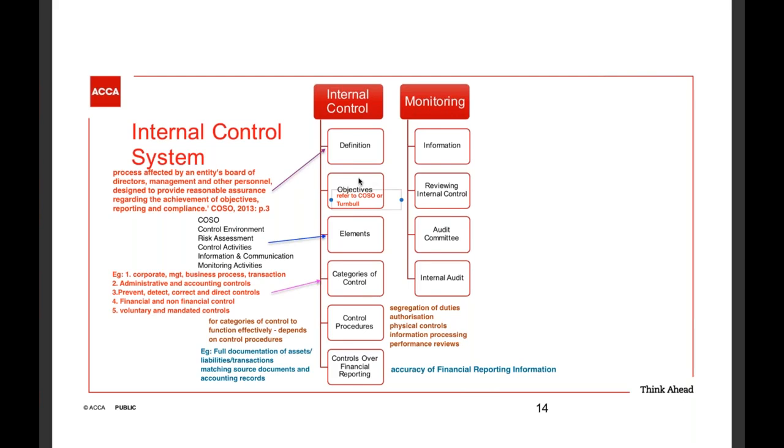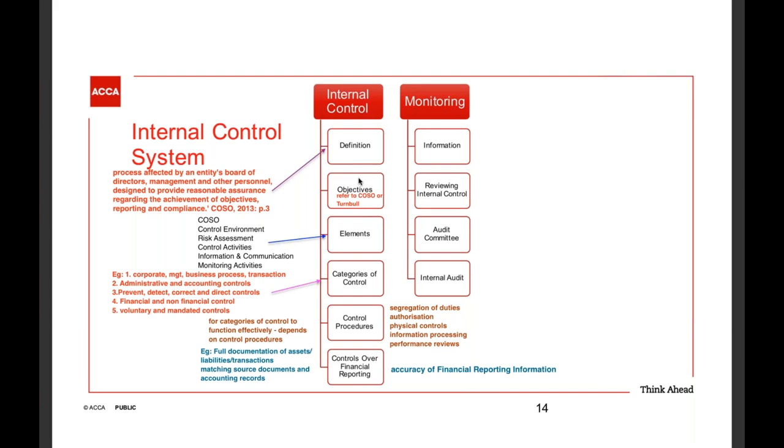What is actually the objective of your internal control system? Whether you are referring to COSO or to the Turnbull, basically the objective of the internal control system is to manage the risk. Why?